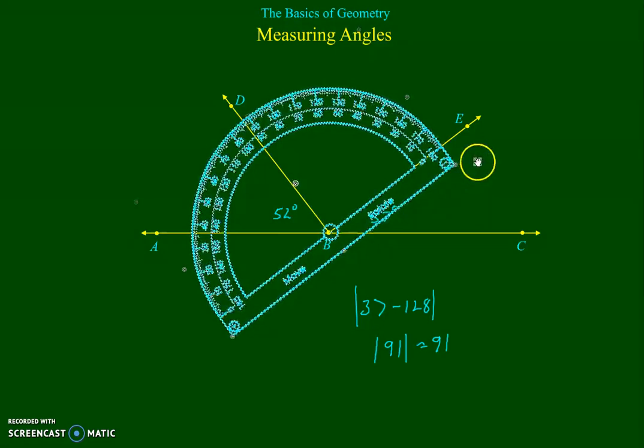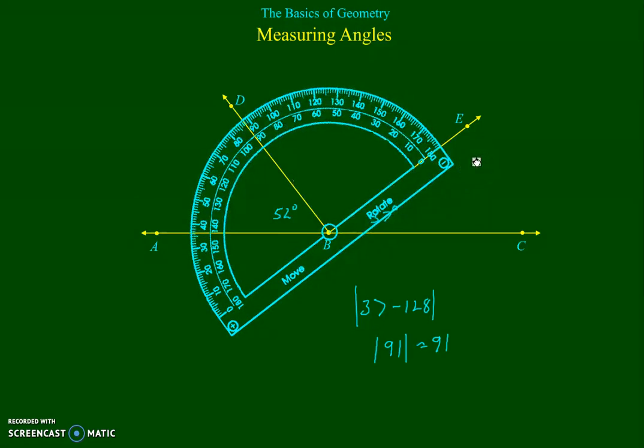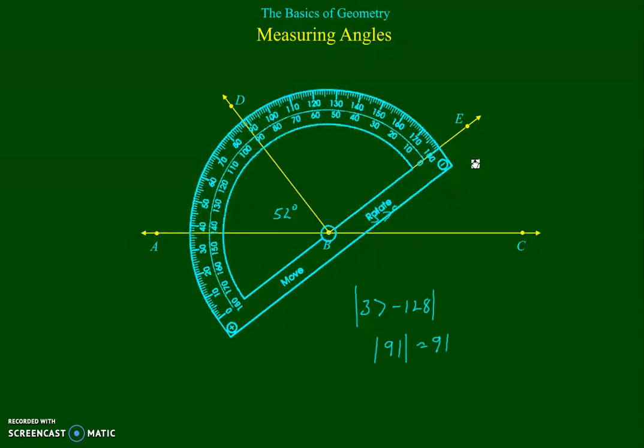Looks close. Move that over. And there's our line. If we read it off the top scale, we can see that it's about 91 degrees. So that's pretty close for government work. So there you go. That's how to measure angles using a protractor.